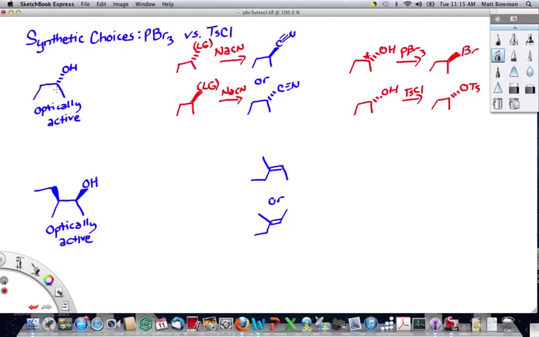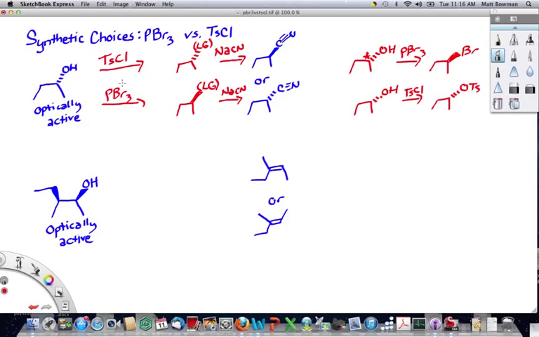Now, when we compare our alcohol, this alcohol is a dash, that leaving group is a dash, so the configuration did not change. And so for the top case, we would use Tosyl chloride. For the bottom case, where we actually inverted to give the leaving group as a wedge, we would use PBr3.